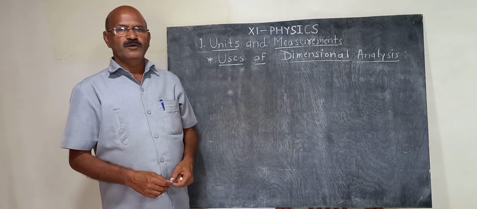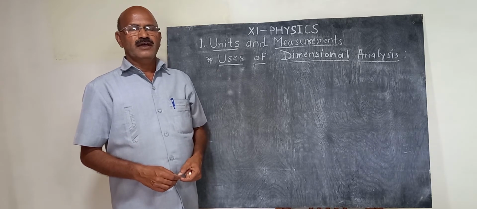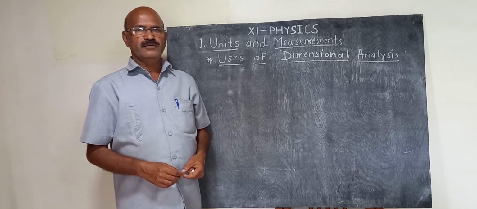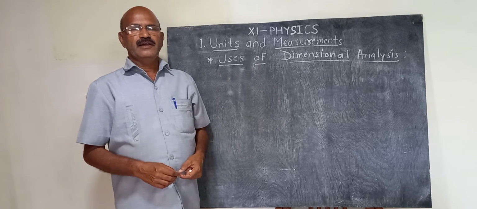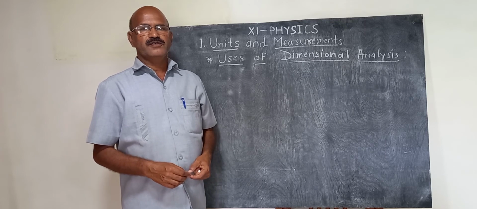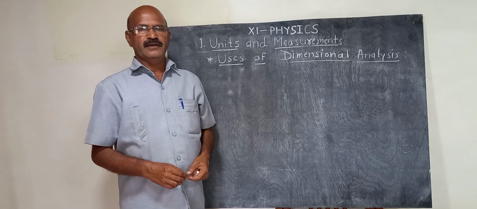In the last video, you have seen about dimensions and dimensional analysis. Dimensions of a physical quantity are the powers to which fundamental units must be raised in order to obtain the unit of the given physical quantity.